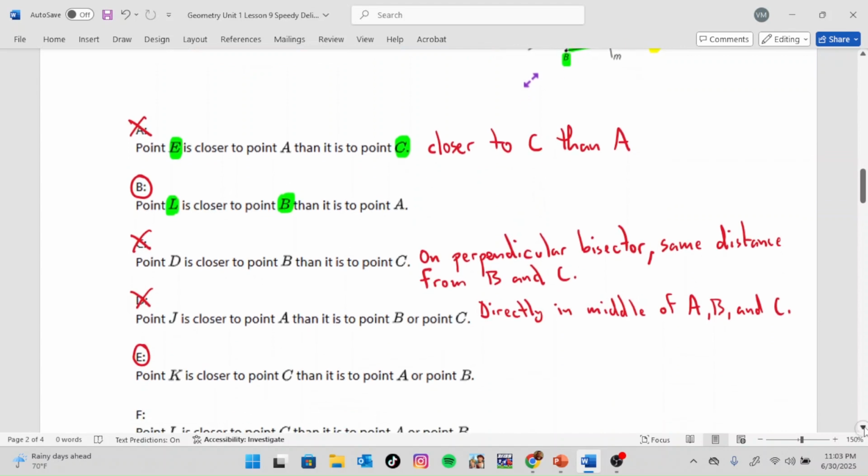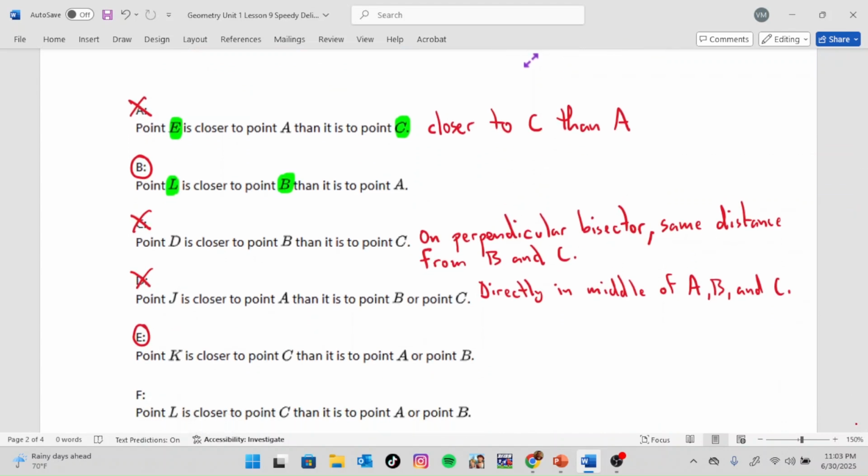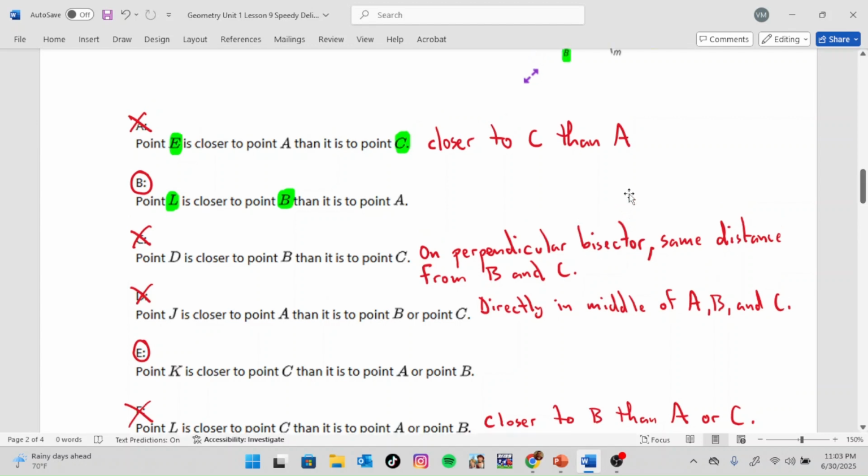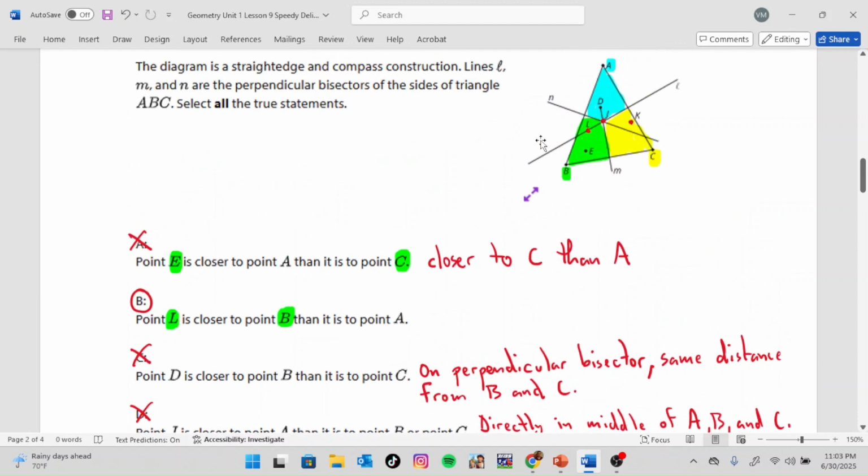That means it's actually closer to point B than it is A or C. So F is wrong.